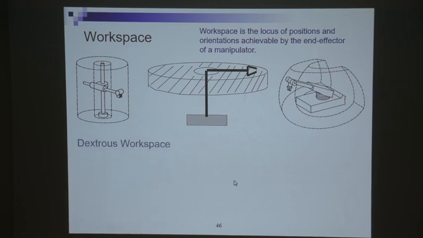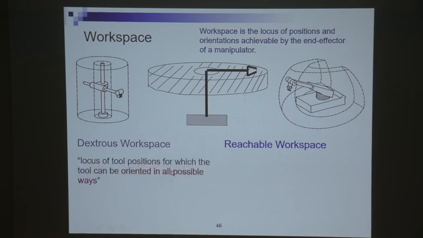When you talk about the workspace, you have something called a dexterous workspace, and then a reachable workspace. A dexterous workspace is defined as the locus of positions in which the end effector can be oriented in all possible ways. Meaning for this single object at this particular point, if my hand is a robot, I can reach this point and hold on to it in all different ways.